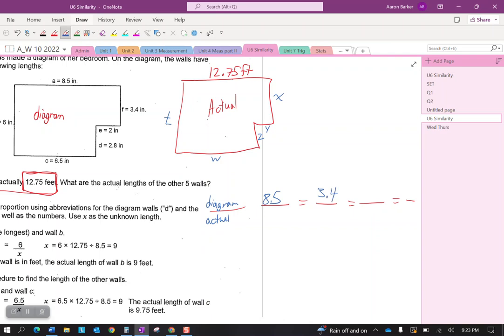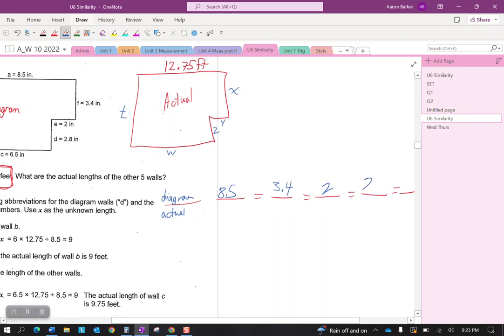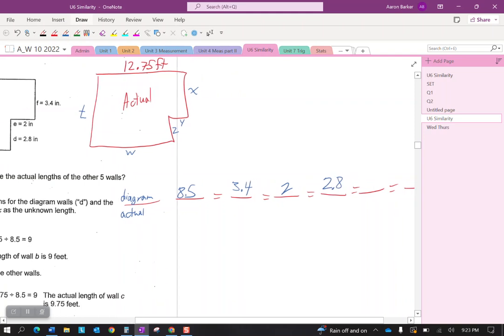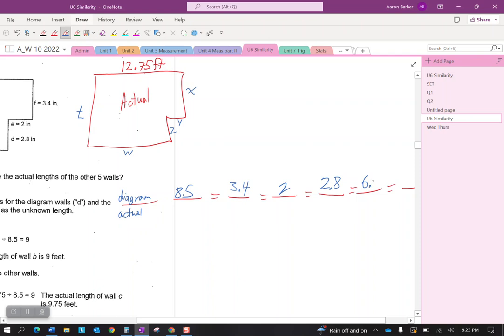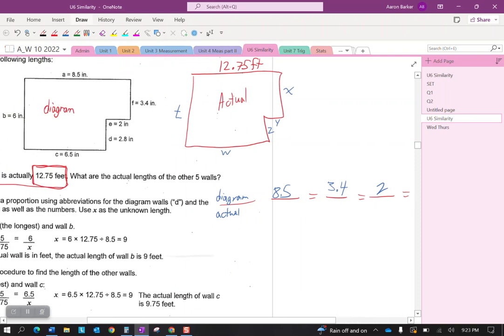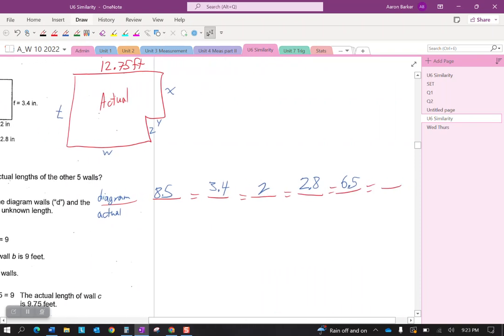Then we have 2. Then we have 2.8. And then we have 6.5. And then the last wall is 6 inches. On the actual image, this is inches. On the bottom, we have 12.75 feet.